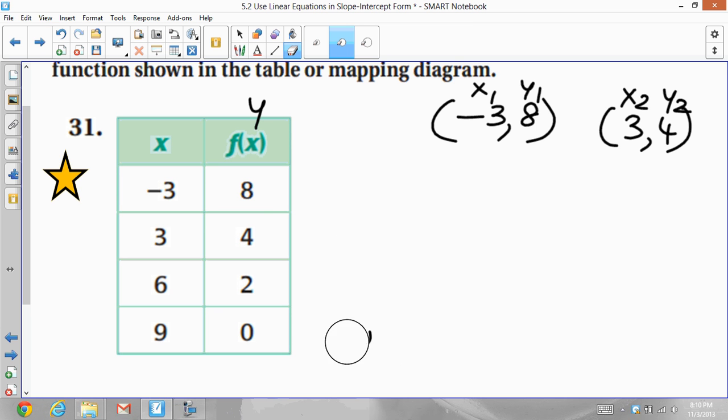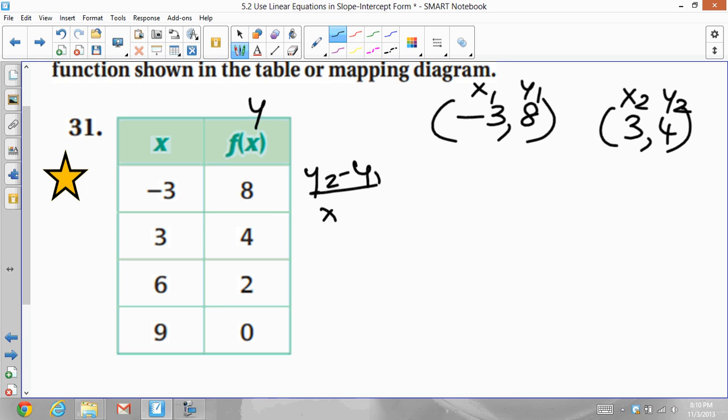And step number 1 is for you guys to find the slope. So the slope in this case is y2 minus y1 divided by x2 minus x1. So the y2 value is 4 minus 8 divided by 3 minus negative 3.